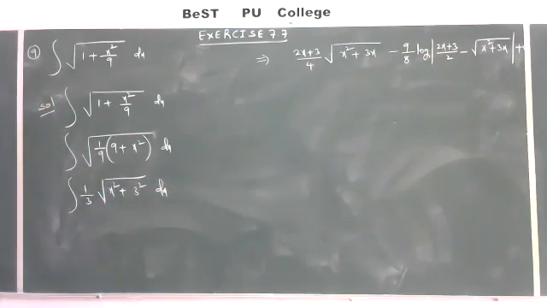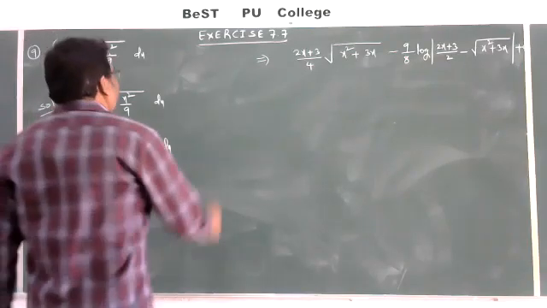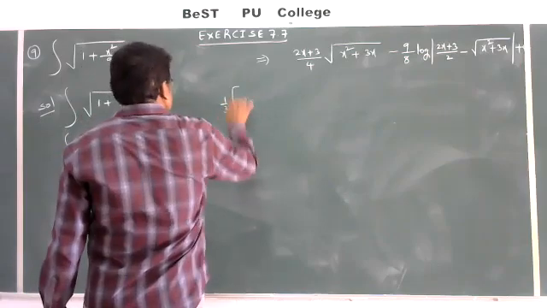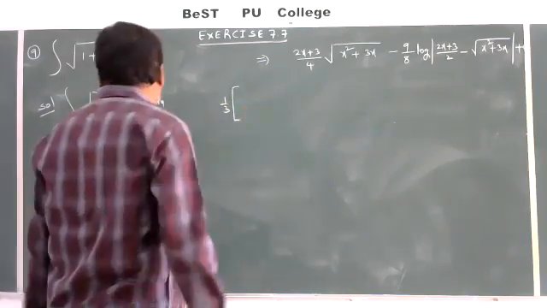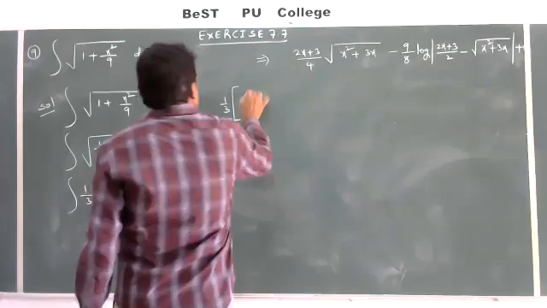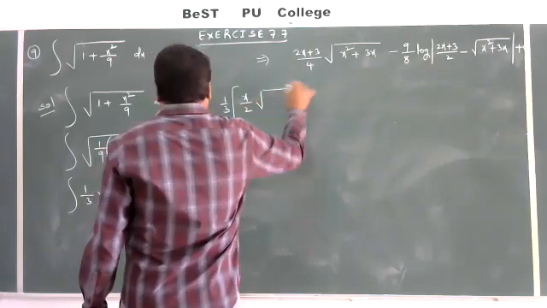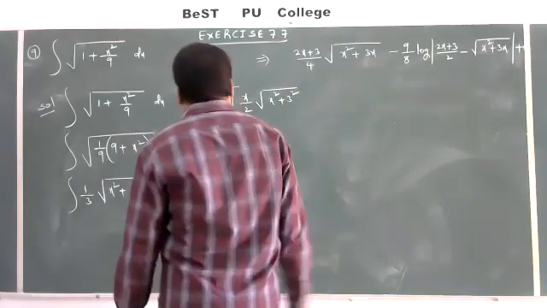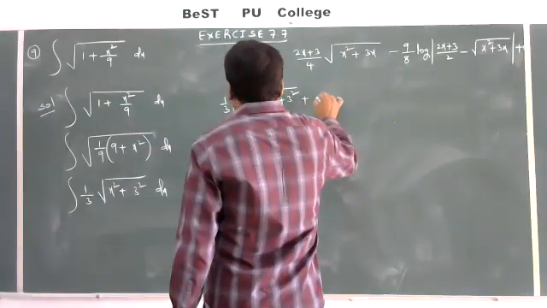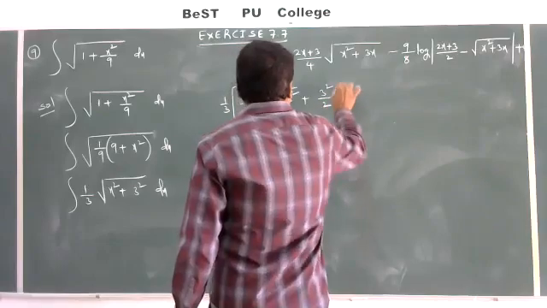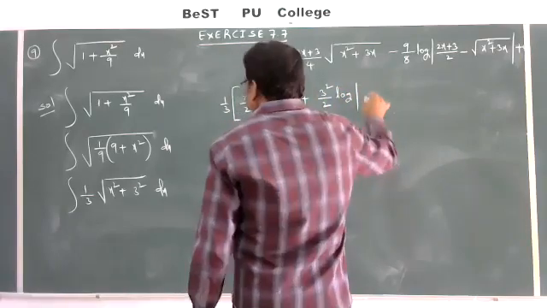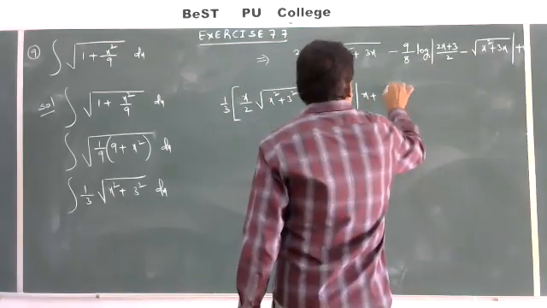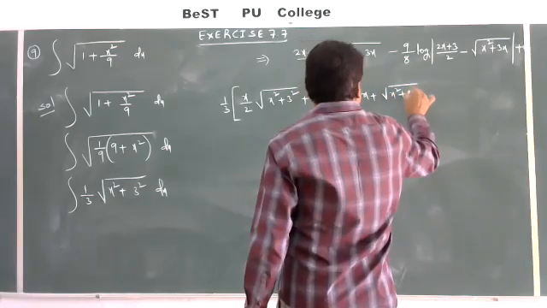So what is the formula? Integration root of x square plus a square is x by 2 into root of x square plus a square plus a square by 2 into log mod x plus root of x square plus a square.